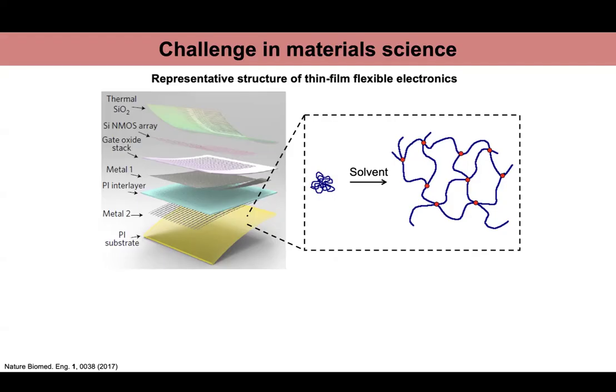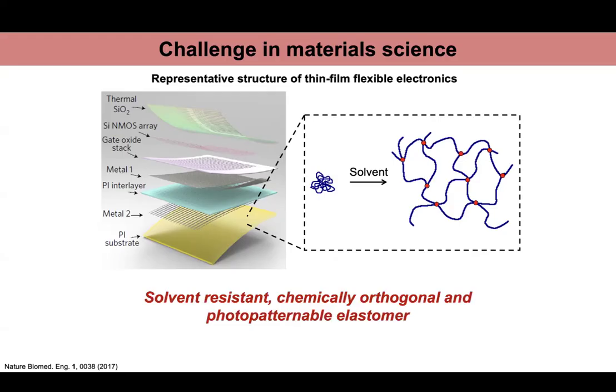But this makes them very easy to be swelled by water and organic solvent, which have been widely used in this multi-layer nanofabrication. So the patterns defined by the lithographic fabrication will easily be destroyed by the different solvents used for the different layers of the nanofabrication. To solve that, we really need to have a soft material that is solvent resistant, chemically orthogonal, and photopatternable.